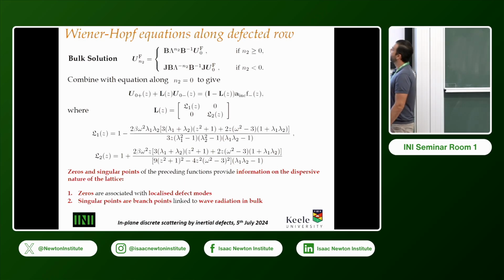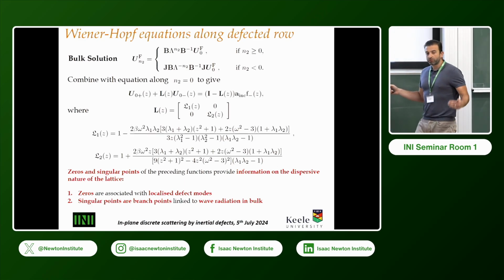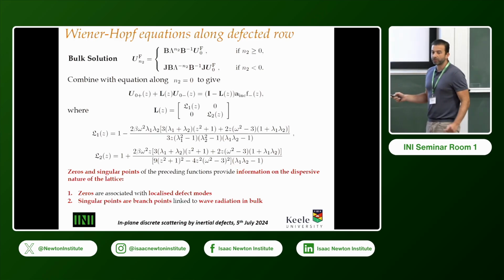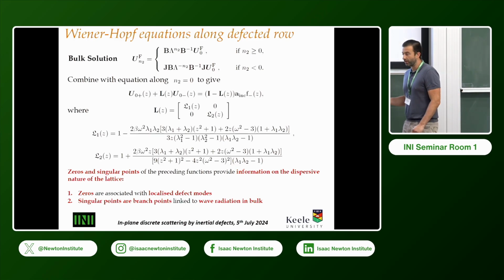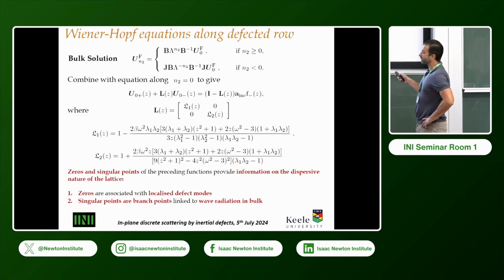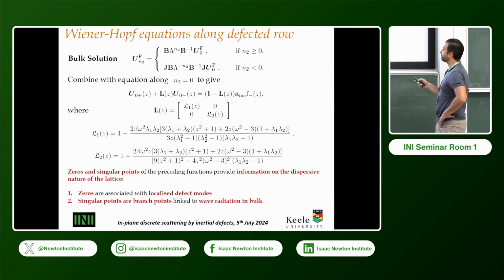Okay, so that's your bulk solution. You plug that into your now transformed Wiener-Hopf equation, and you work a bit, and eventually what you find is you have this Wiener-Hopf equation along the defected row. Okay, and so this here Z is a parameter, a complex variable that runs around the unit circle in the complex plane.